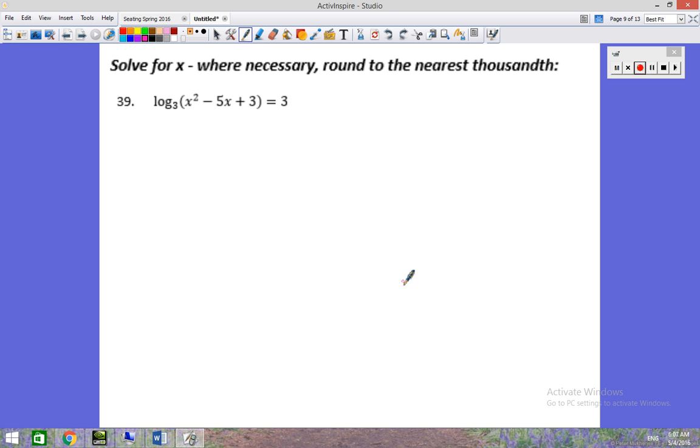Alright, so again we have an exponential equation, or excuse me, a log equation, and we want to change it into an exponential form. We have a base of 3, and the exponent is also 3. That equals this quadratic expression, x squared minus 5x plus 3.